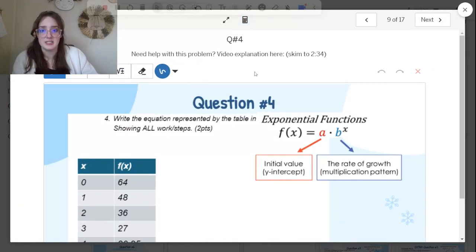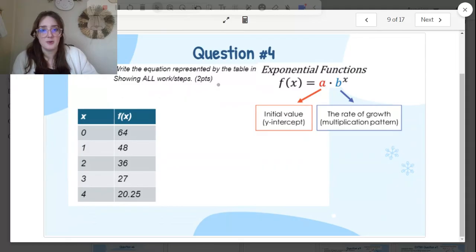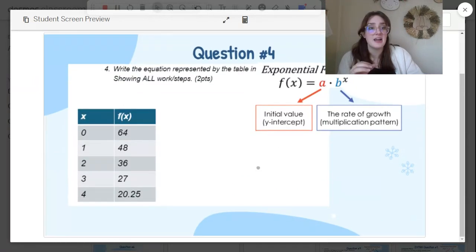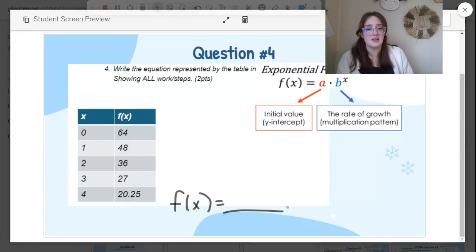Question 4. All right, so we're going to write an equation based on a table. Make sure we're showing all of our work. If we're writing out our exponential function equation, it's always going to be f of x equals blank times blank to the power of x.